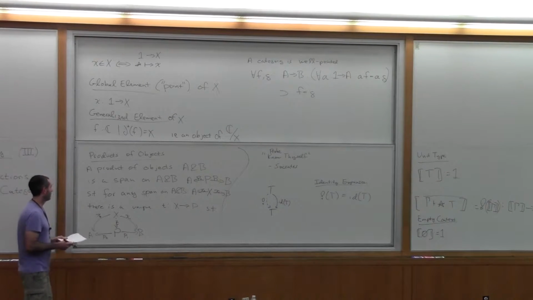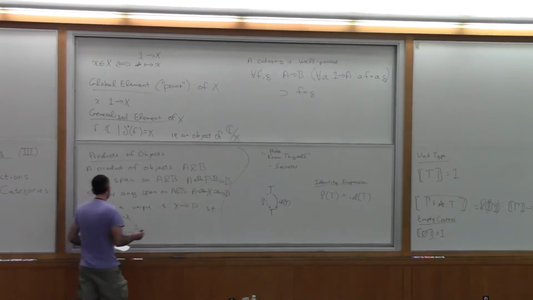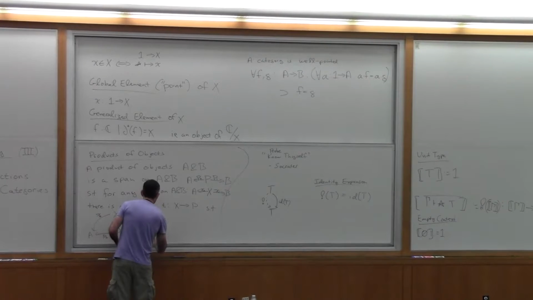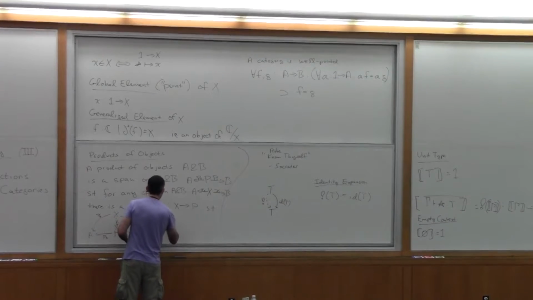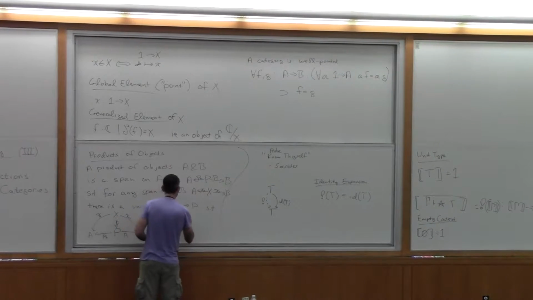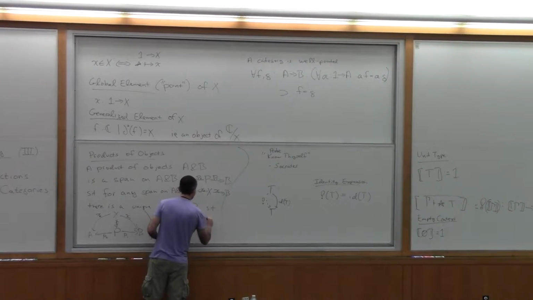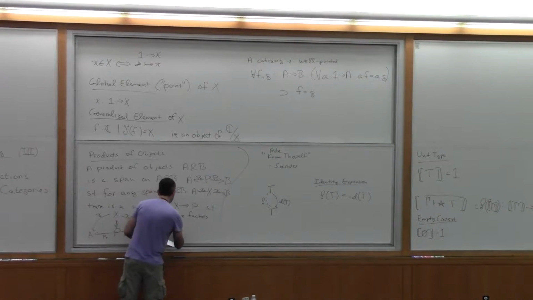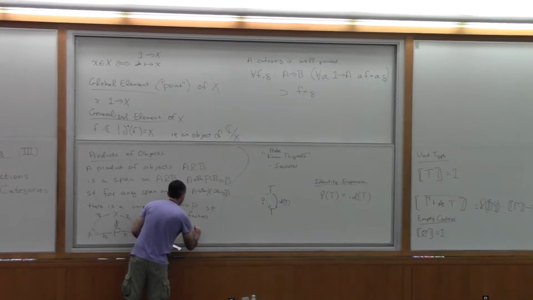Okay, so let's introduce a little bit of vocabulary here. First of all, the A and B are called the factors of the product. The legs of the distinguished span are called projections.